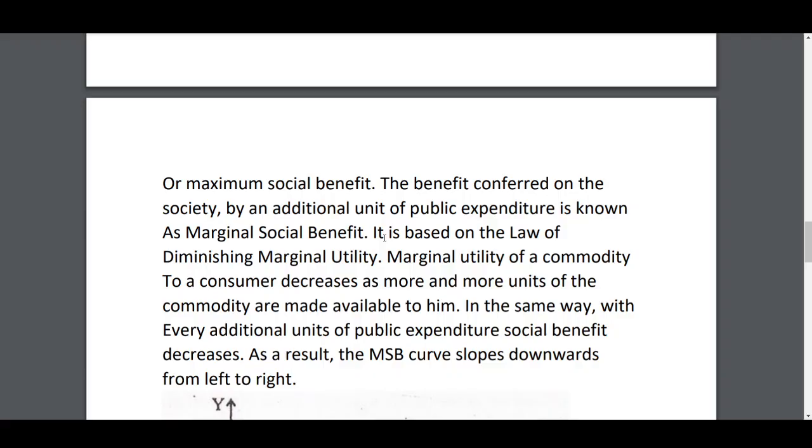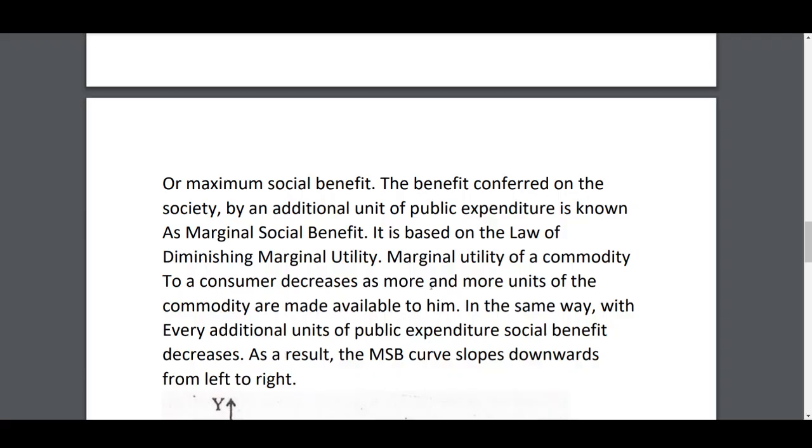In the similar manner, this theory, the law of diminishing marginal utility, is given by Dr. Alfred Marshall. Now, the economist Dalton says that the marginal utility of a commodity to a consumer decreases as more and more units of the commodity are made available to him.